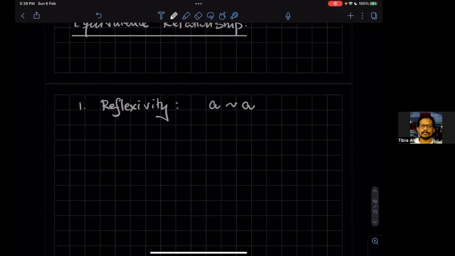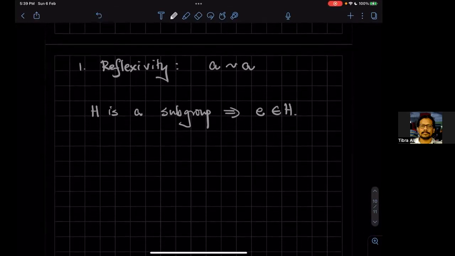Now, since H is a subgroup, that means that E is always an element of H, right?